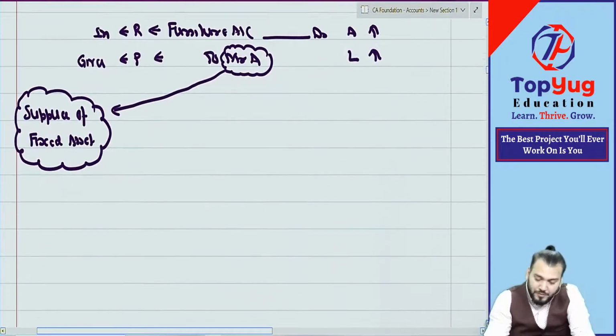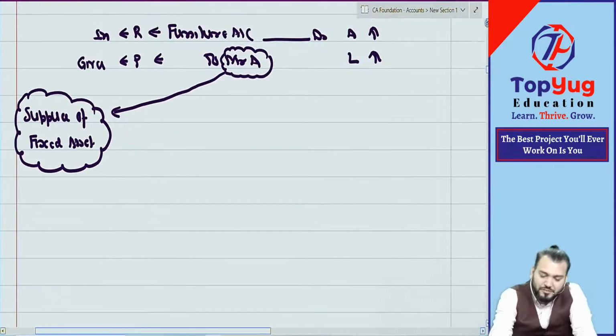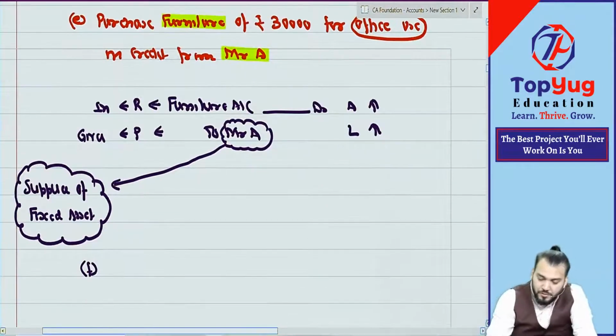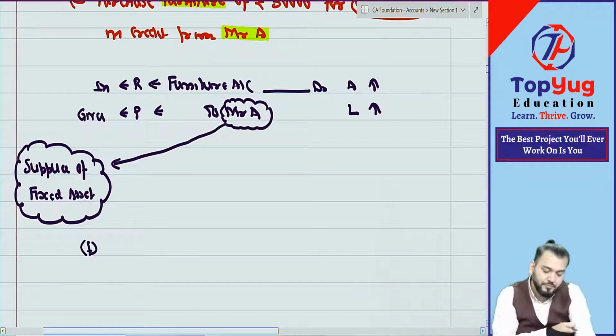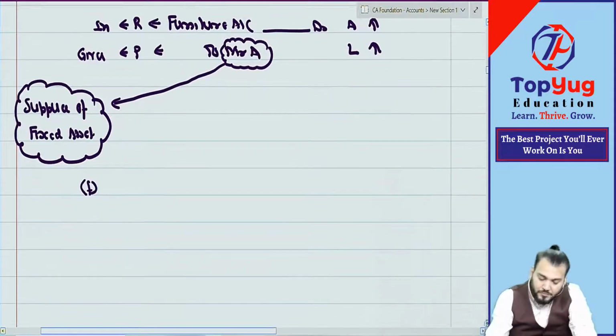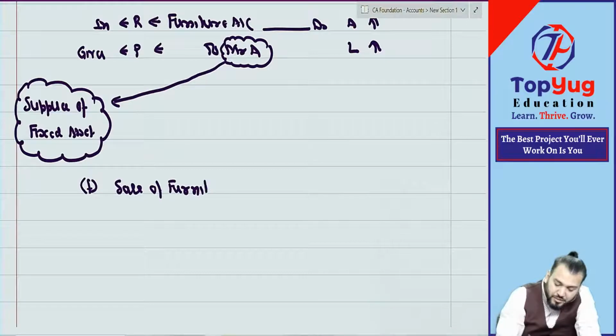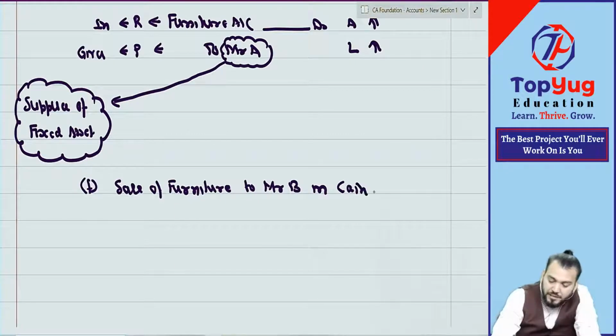No doubt? Can we give some more transactions? On point number F: sale of furniture to Mr. B for cash, rupees 1 lakh.